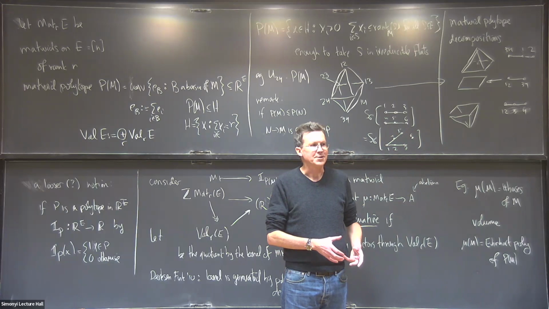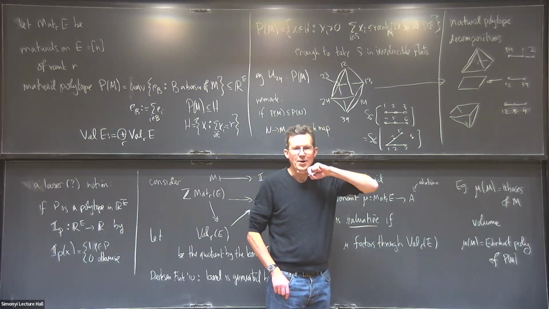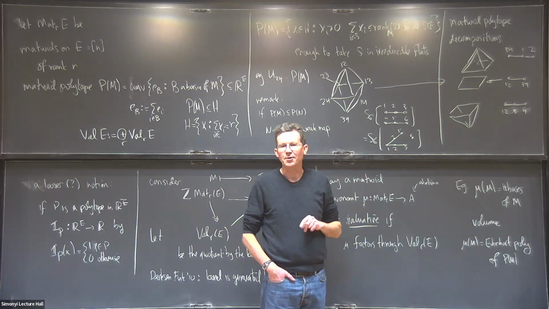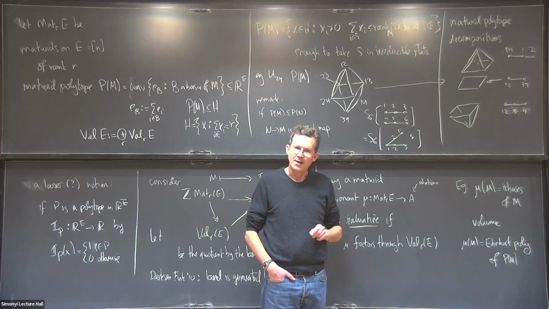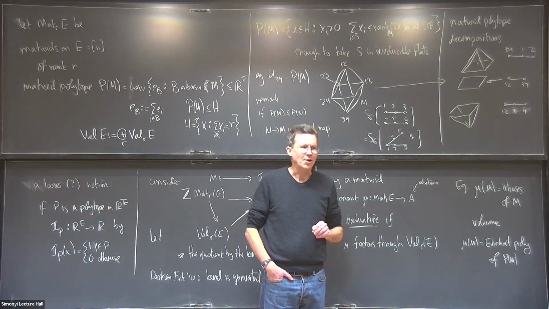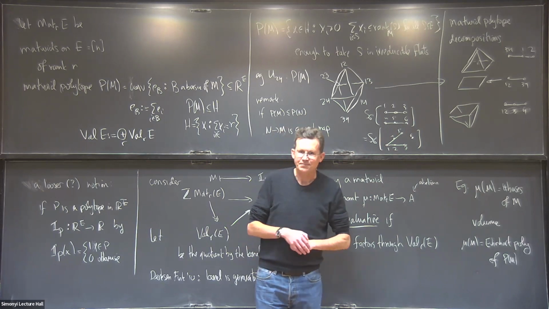Oddly enough, if a matroid has no non-trivial subdivisions, it's either not realizable or its realization space is discrete. So that makes it sound like they're quite interesting matroids. Hardly the kind of base case you want to have.